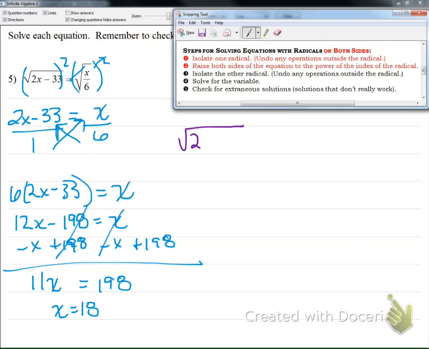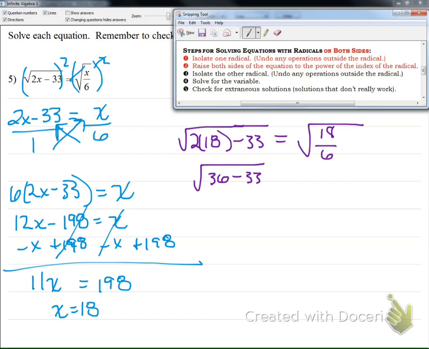So we write down the original equation, but everywhere we see an x, we're going to replace it with 18. Alright, and simplify both sides of the equation. So we have 2 times 18 equals 36, minus 33 is equal to square root of 18 divided by 6 is 3.